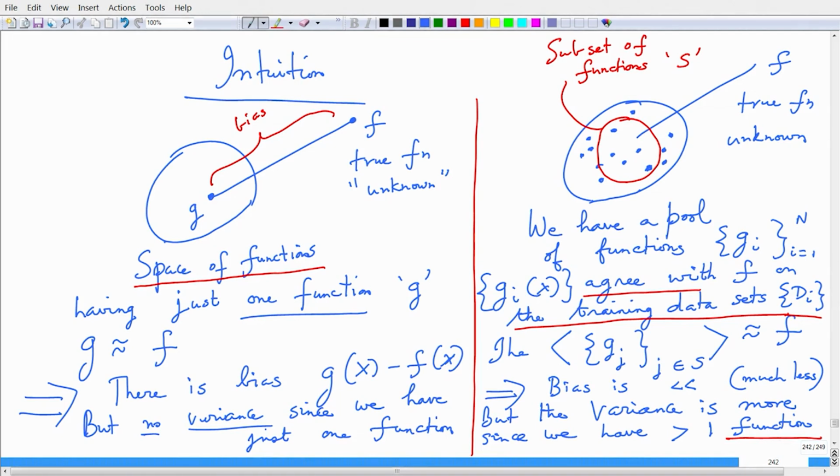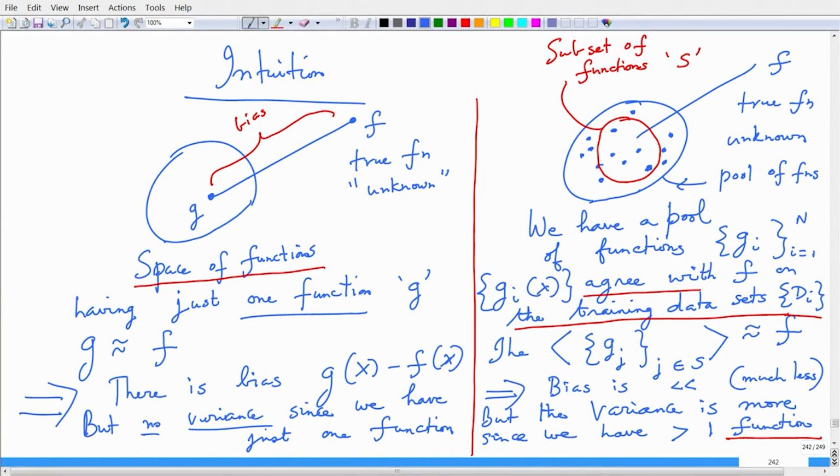Now we can have a subset in this space. So now this is a pool of functions, this outer circle. There could be a subset of functions within this pool of functions, I call the subset S, that are quite close to the actual function f.